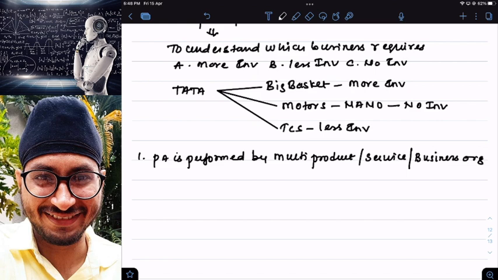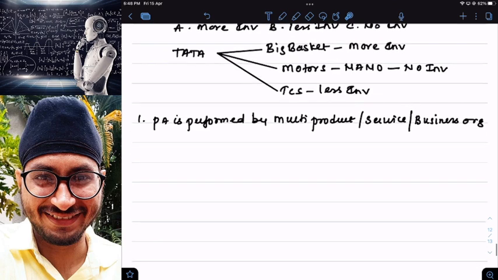Clear? Now let us say, for example, I have only one business. Portfolio analysis is not required. Portfolio means a group of businesses. I have multiple products, multiple services, multiple companies. That is why only big companies that have many products in their portfolio, many services they are providing, and many types of businesses, sir, that type of big companies should perform portfolio analysis.